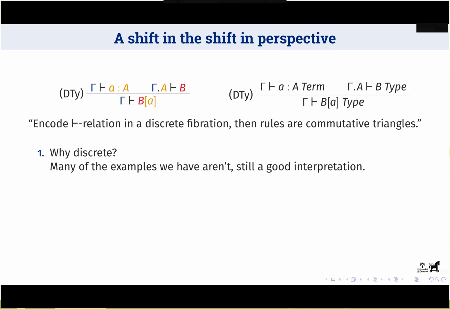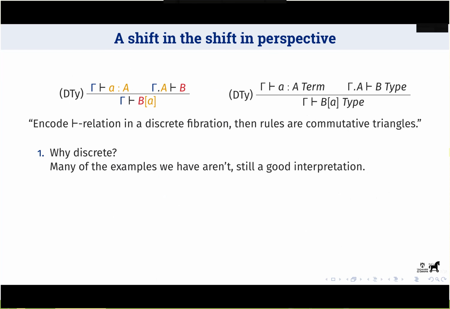And the second question is, okay, if we can encode some rules into diagrams, does it mean that each diagram that we can read out of some sort of operation starting from some basic things is a rule?